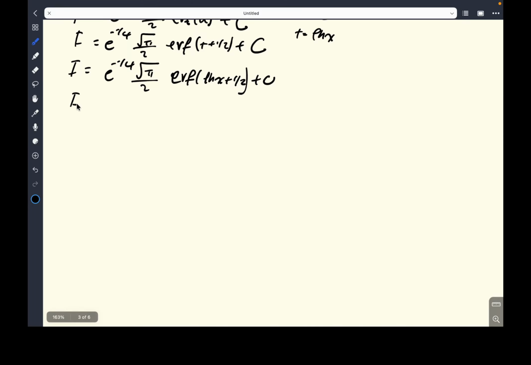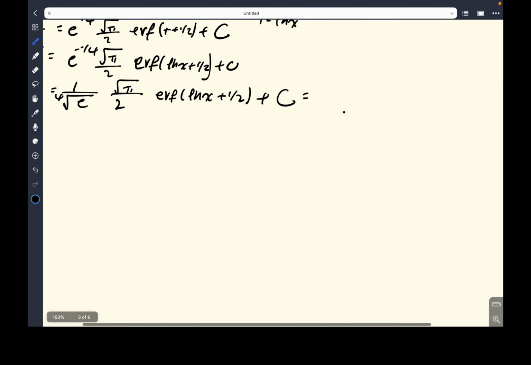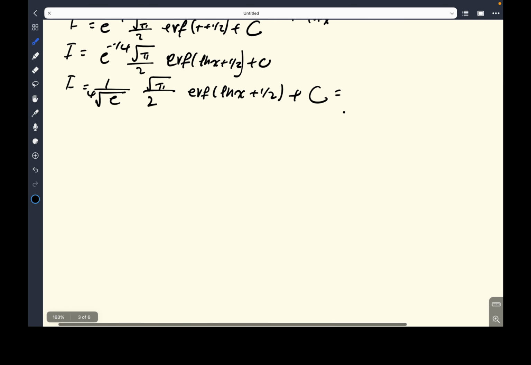Now I can make it simpler as 1 over the 4th root of e times root pi over 2 erf of ln x plus half plus c, which is equal to our integral that we first defined.